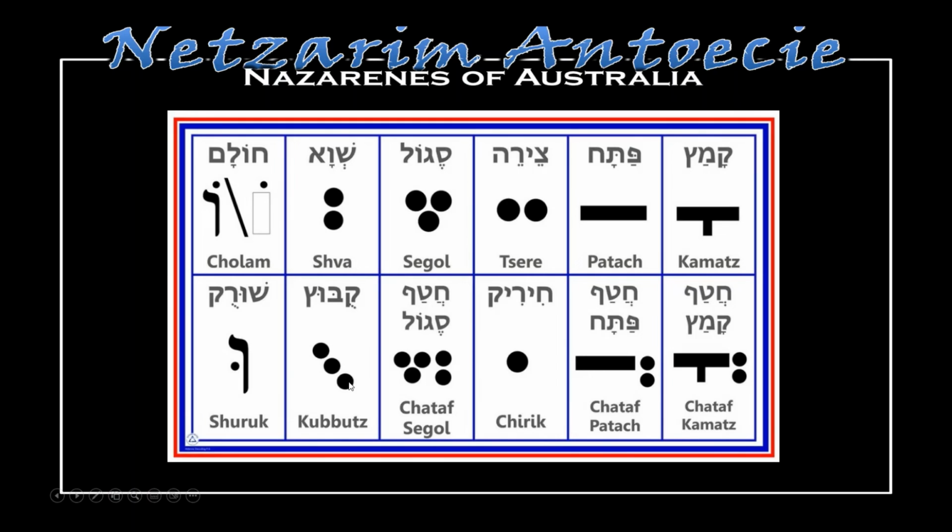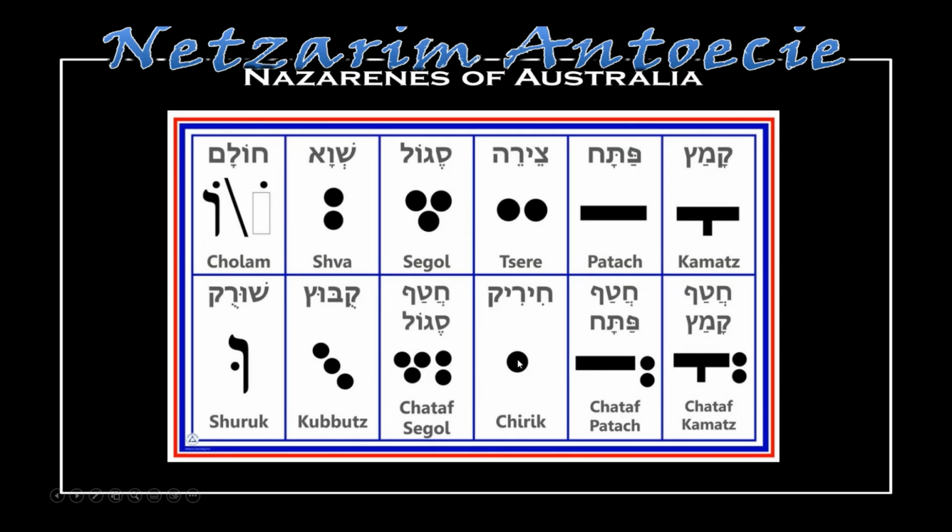And the 3 diagonal dots is called a kubutz. Again, it's the oo sound. And here we have a combination of shva, which is up there, and a segol. And it's called a ketaf segol. And the sound is se. And it's like the beginning of a syllable.